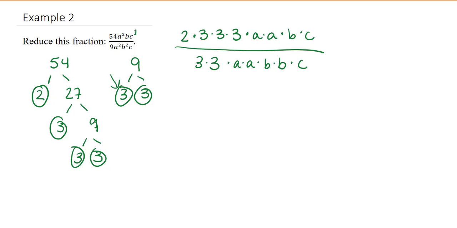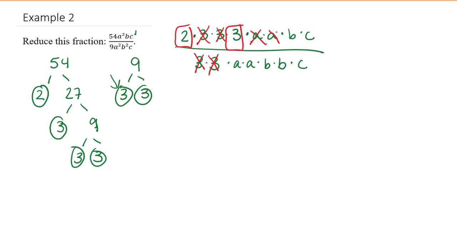So now let's go ahead and divide out our common factors. So let's start with the numbers. So we have 2 3's on the top. We have 2 3's on the bottom. So we're left with 2 and 3 on the top, and then no numbers on the bottom. Now let's move on to our variables. So notice we have 2 a's on the top and 2 a's on the bottom.